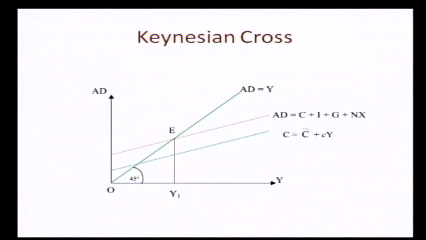That means the economy automatically moves to the equilibrium point. And if it is at E, that is the level Y1, at that point there is no need to change the level of output. So this is the Keynesian cross, because the two lines, the green and the red lines, look like a cross. Let's see what happens.